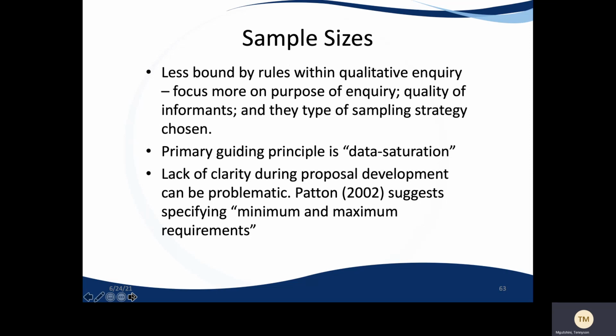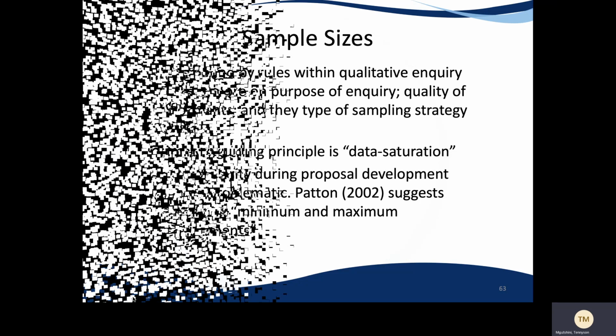They talk more about focusing on individuals who meet the criteria that they're interested in, the quality of that particular informant, and of course, that becomes a bigger driving force. But with regards to sample sizes in quantitative research, those are mathematically determined, and we will speak a bit more about how you get to that mathematical determination.